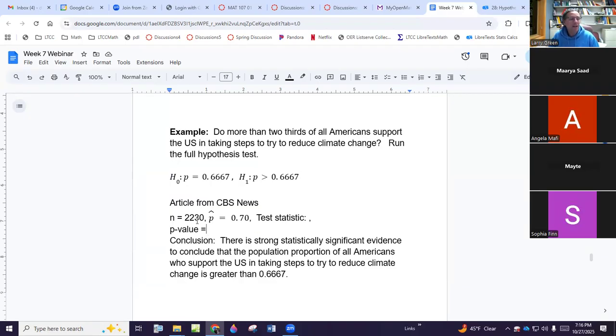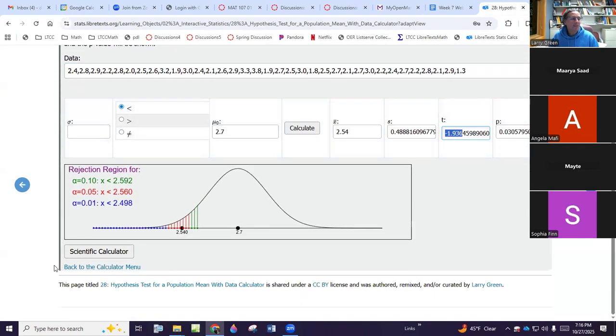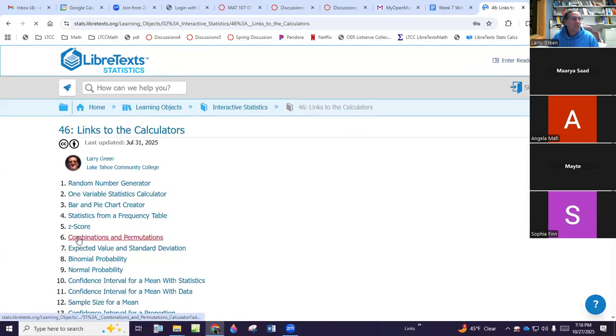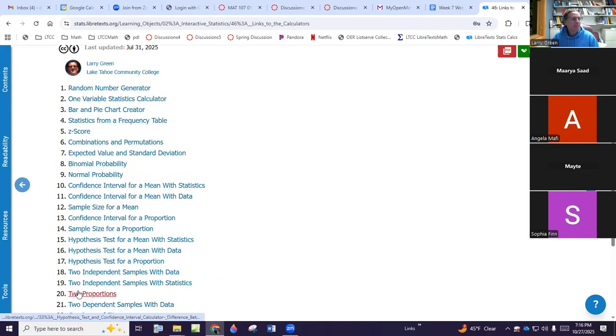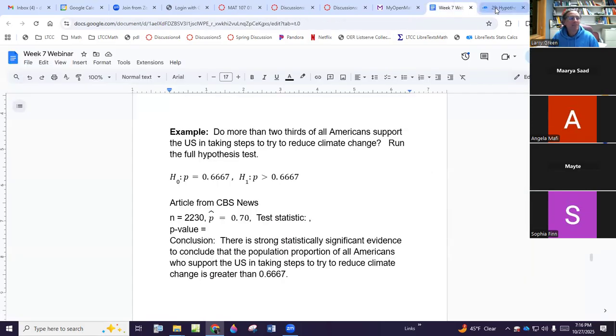Oh, I didn't write down the p-value. So here, we're going to have to go back to the calculator, to the hypothesis test for a proportion. Our n again was, where was it? 2230.